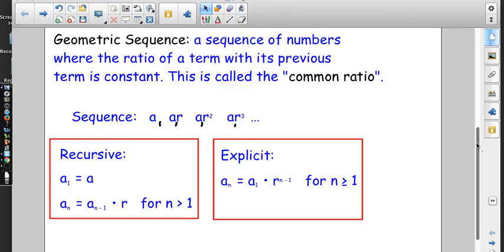So geometric sequence, sequence of numbers where the ratio of a term with its previous term is constant.